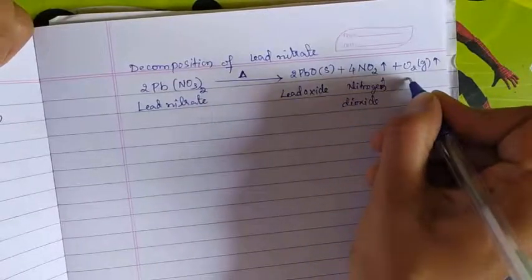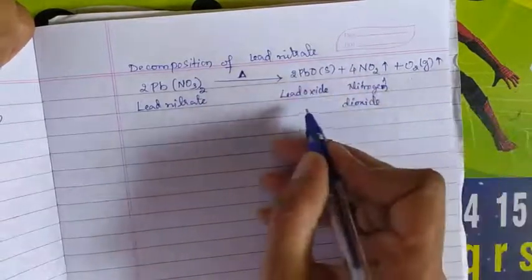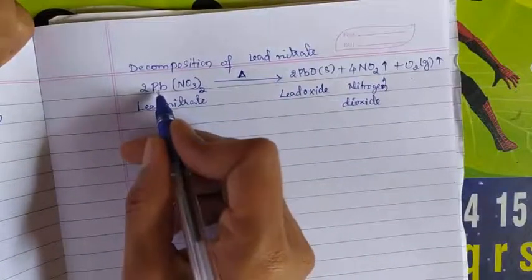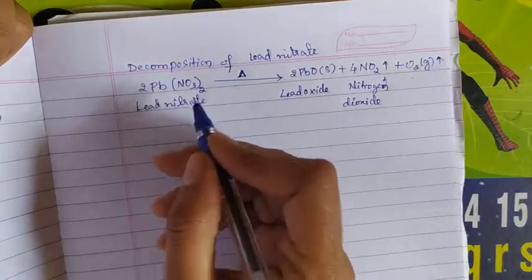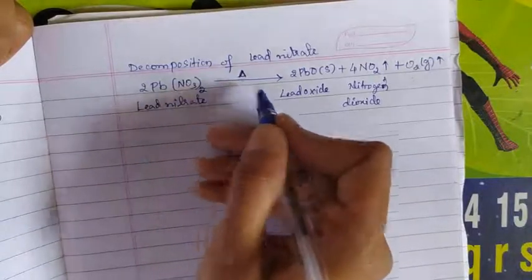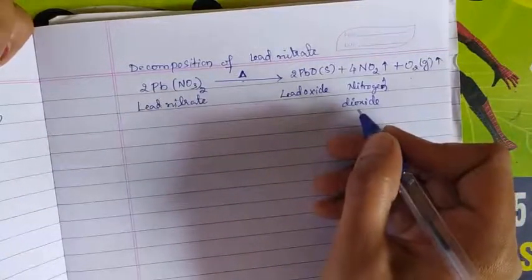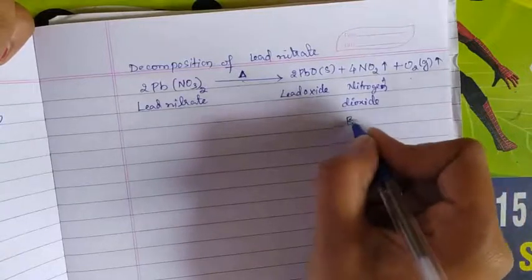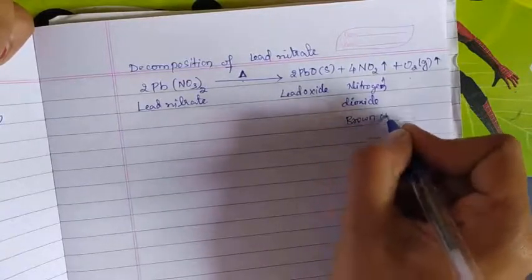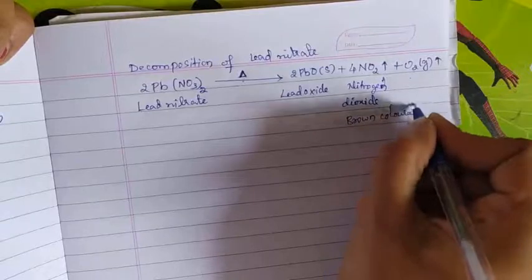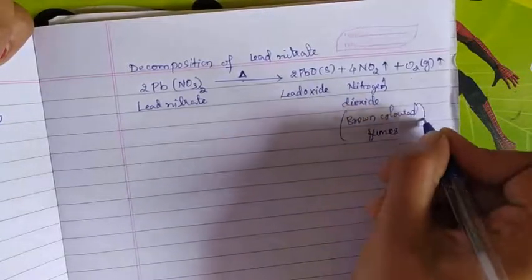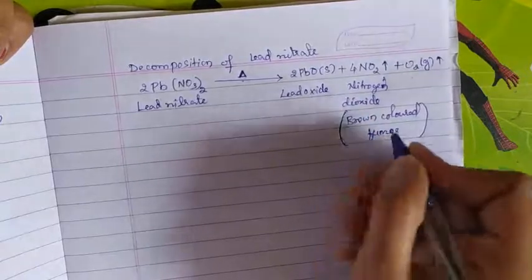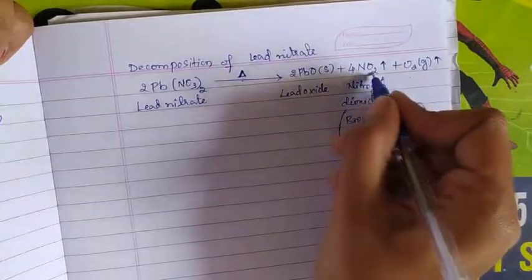When lead nitrate is taken in a test tube and heated, it will release brown colored fumes. These brown fumes are nothing but nitrogen dioxide gas.